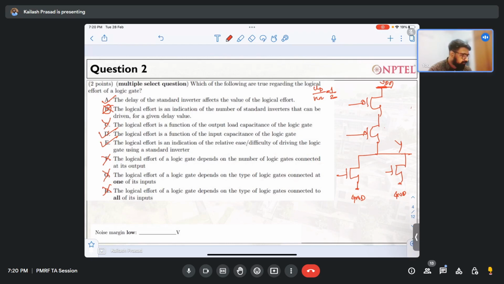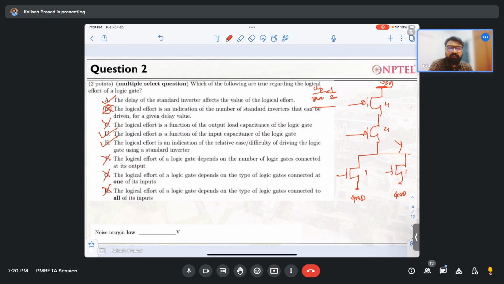Okay. How do I calculate the width? The ratio of mu n to mu p is 1 by 2. That's correct. So what should I do? Actually the width for PMOS will be 4 and for NMOS will be 1. Okay, this will be 1 and this will be 4.